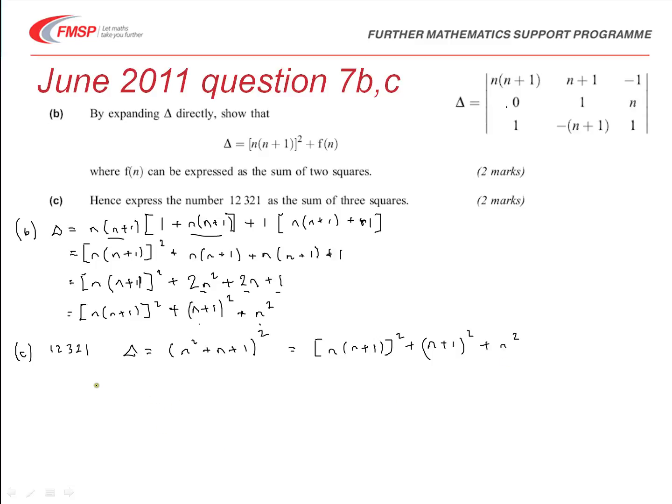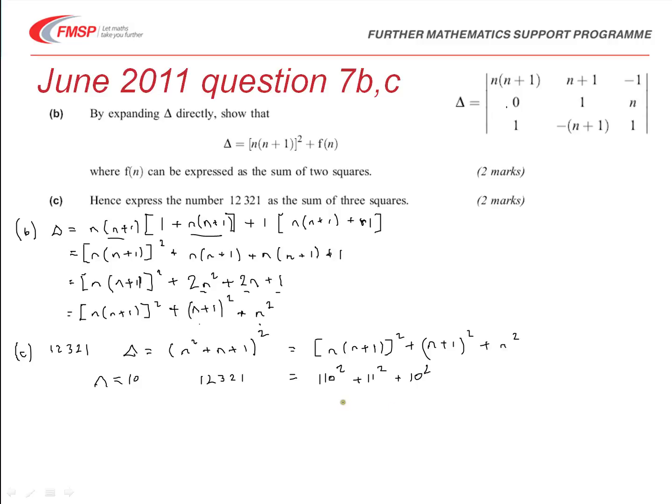So if we let n equal 10, then this left hand side will become 110 plus 1, 111, and 111 squared is 12321. And if we put 10 in on this side, we get 10 times 11, so that's 110 squared. 10 plus 1 is 11, so that's 11 squared, and 10 squared is then the third square that we require.